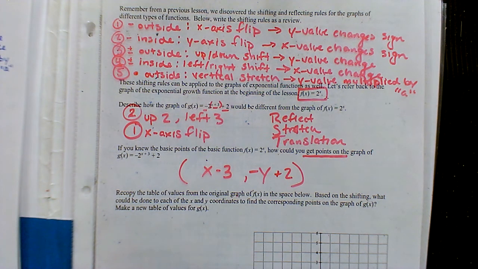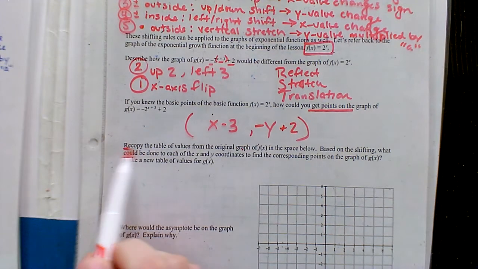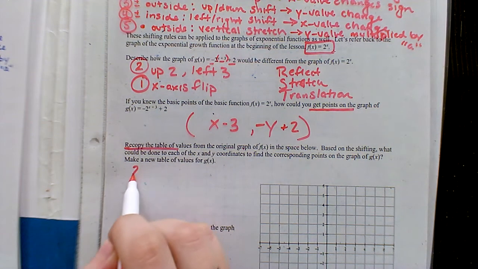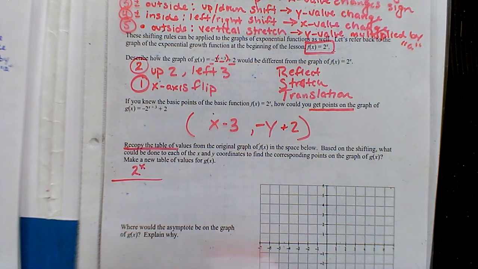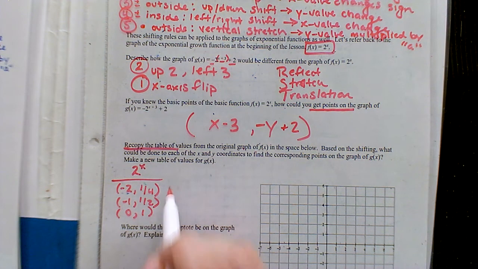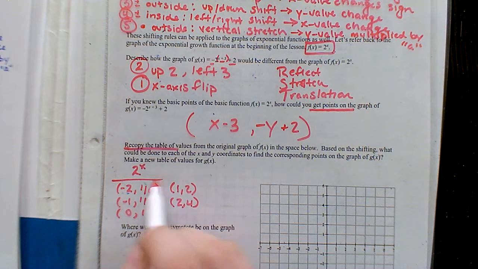Good. What we're going to do is recopy the table from the previous page. This was the 2 to the x function. We had ordered pairs -2 and a fourth, -1 and a half, 0, 1, 1, 2, and 2, 4.